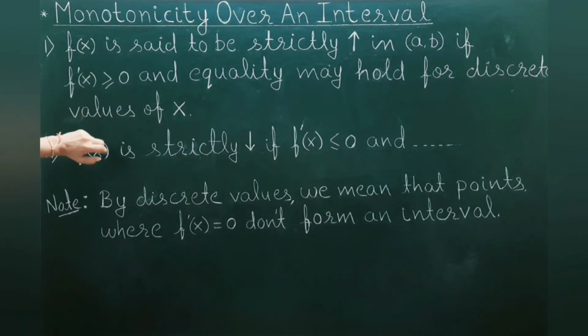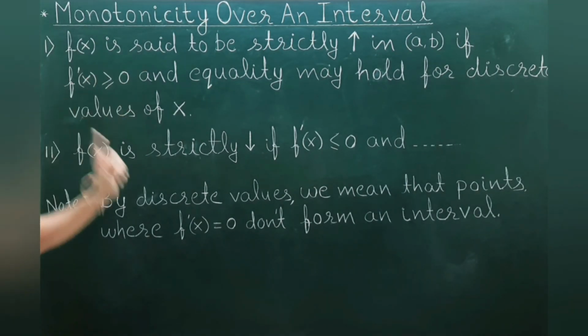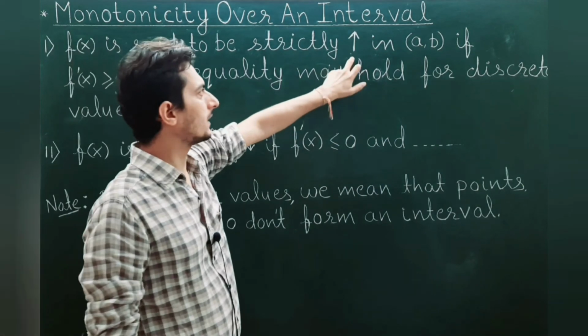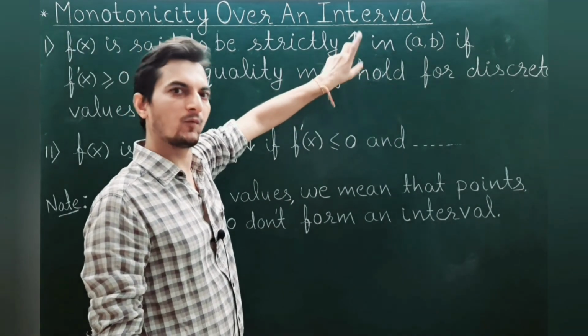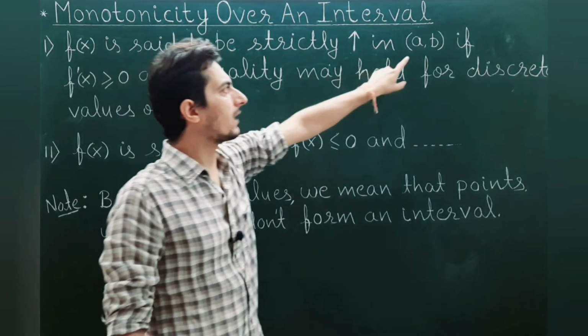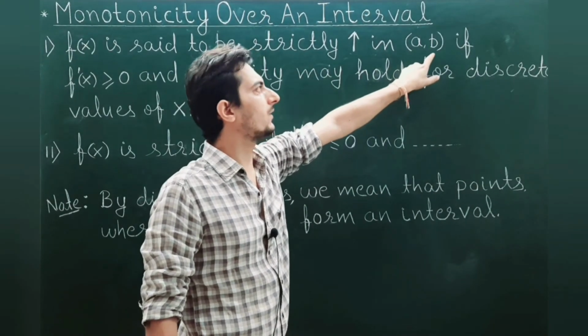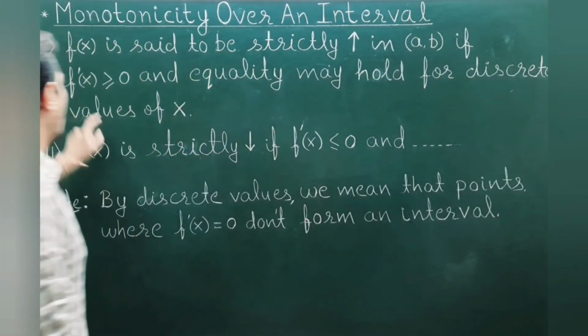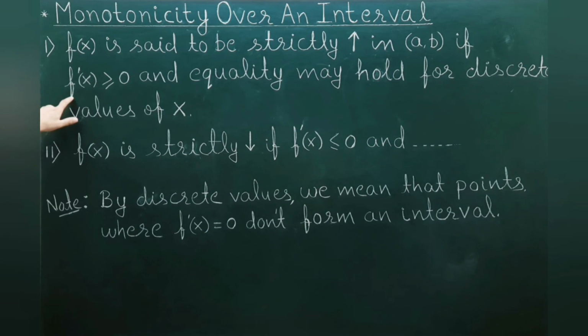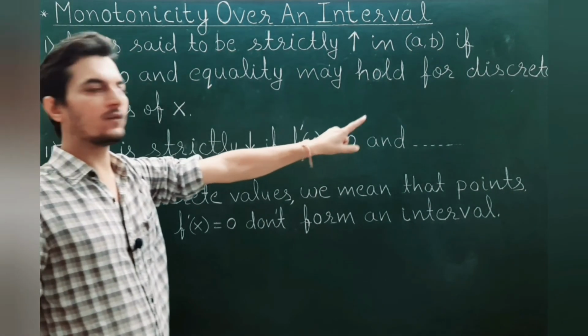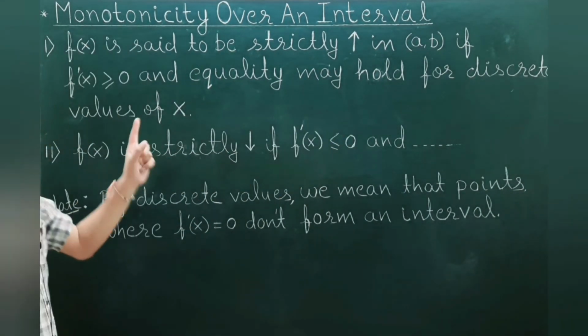The first one says that f(x) is said to be strictly increasing, I hope you remember this arrow up for increasing, in interval a comma b, open interval a comma b, if f dash x, this is the important condition, if f dash x is greater than or equal to 0 and equality may hold for discrete values of x.